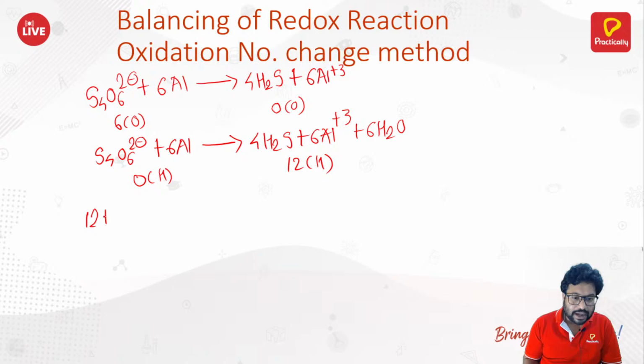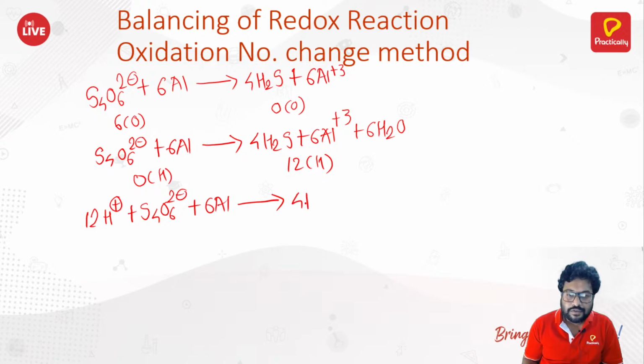You add 12H plus. S4O6 2 minus plus 6 aluminium gives us 4H2S plus 6Al plus 3 and plus 6H2O.